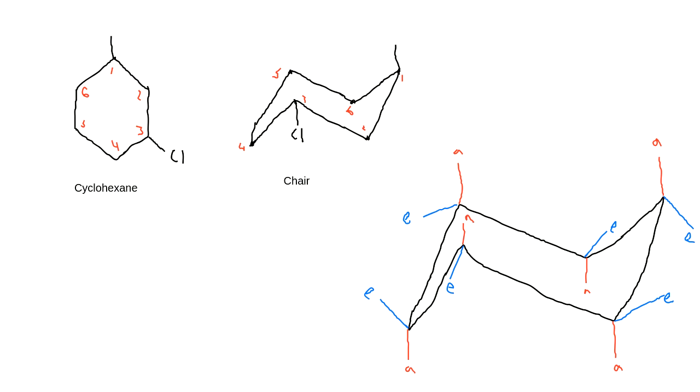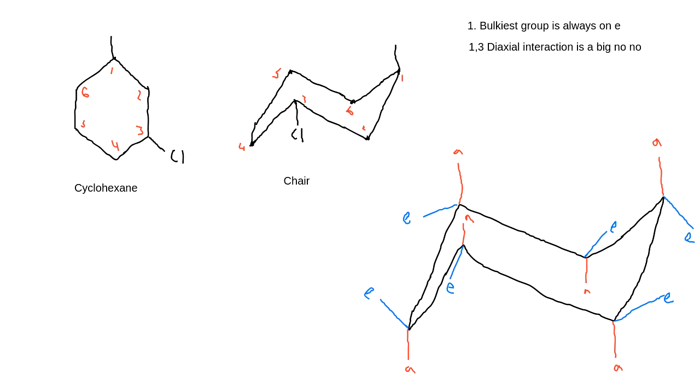Number 1, the bulkiest group is always on E, and once again, E means equatorial. Number 2, 1,3-diaxial interaction is a big no-no. Okay, and I'll talk about what that means.